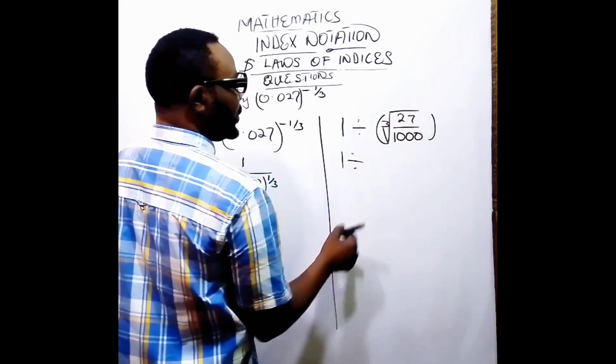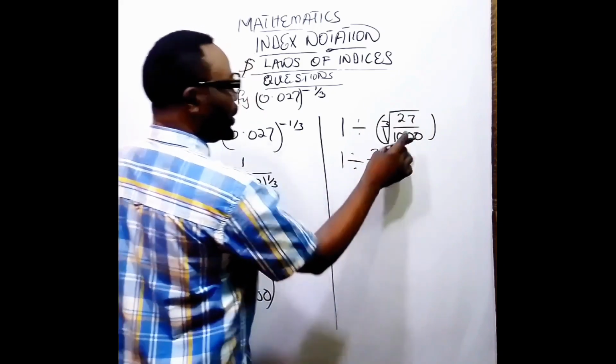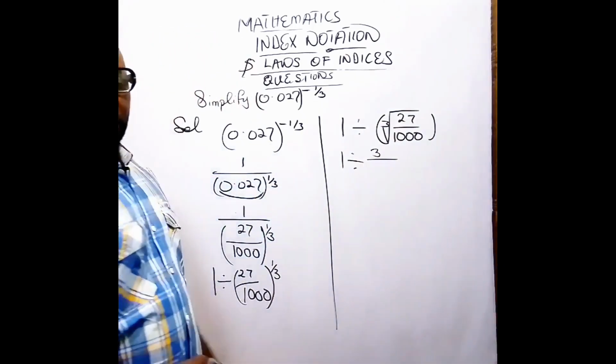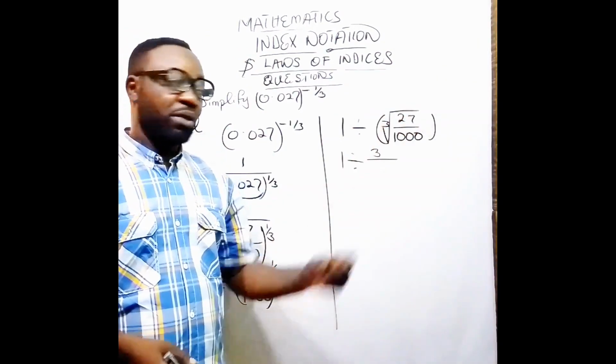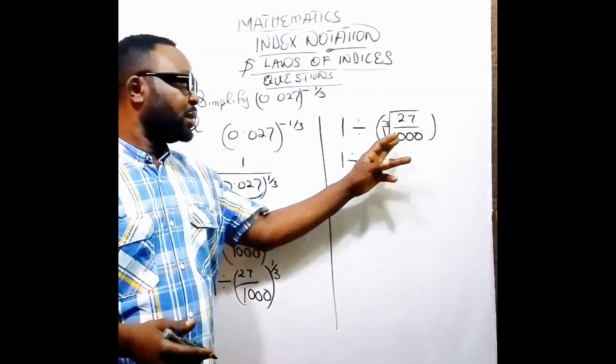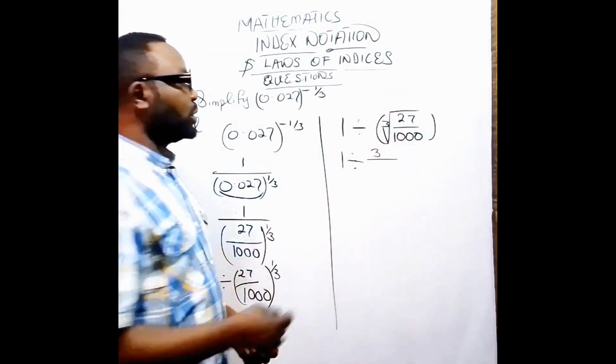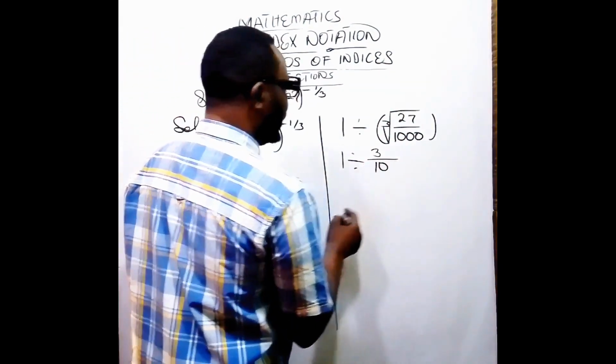What is the cube root of 27? That is going to be 3 over the cube root of 1000. That is what you multiply 3 times to get those values. If you multiply 3 three times, you get 27. If you multiply 10 three times, you get 1000. That will be 3 over 10.